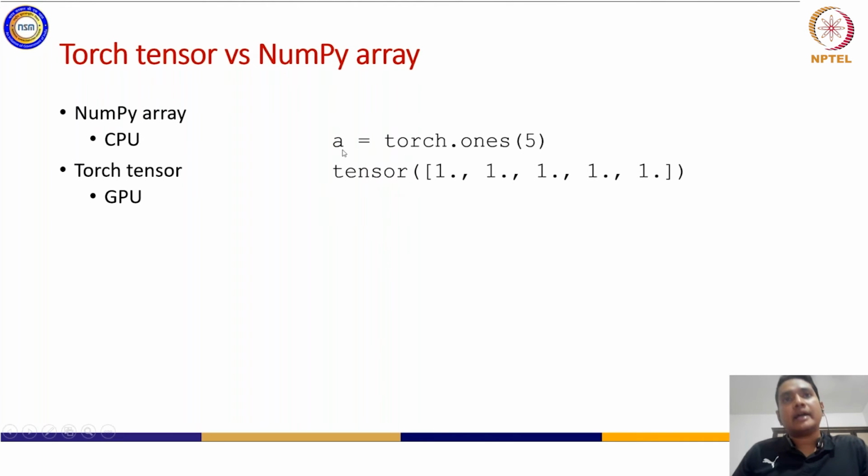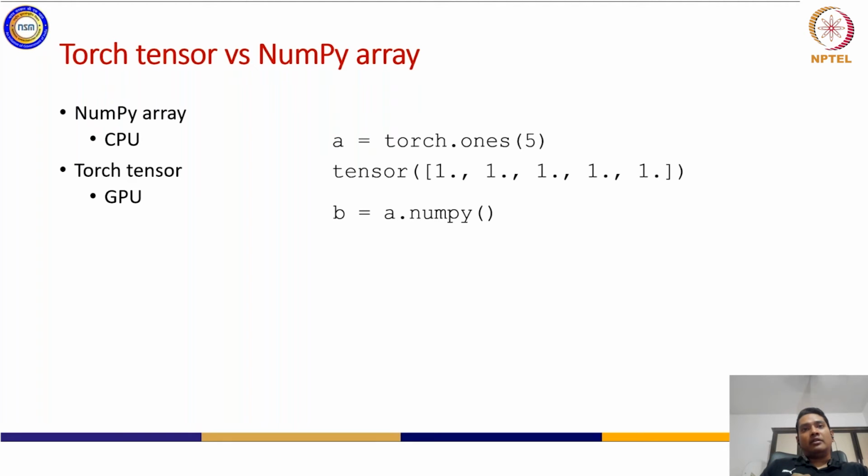Now, let's say I have one tensor here for a random sequence. So here we are initiating one tensor with 5 ones, and this is the value of A, which is one tensor with 5 ones, as you can see. Now B is one NumPy array. I want to convert the tensor into a NumPy array.